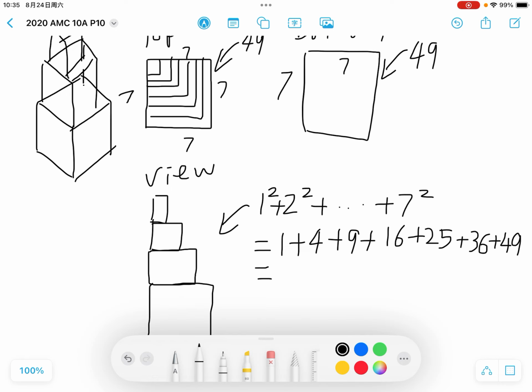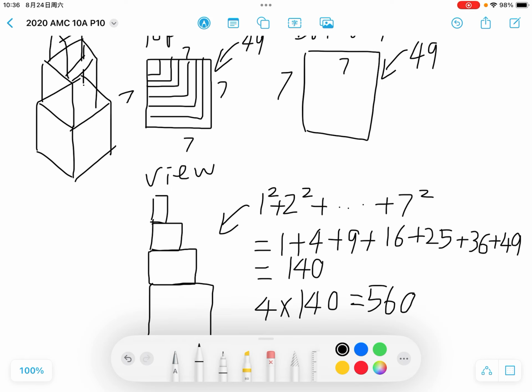So 5 plus 9 is 14, plus 16 is 30, plus 25 is 55, plus 36 is 91, plus 49 is 140. Okay, so that's 140, but we have 4 views like this. So we have to do 4 times 140, which is 560.